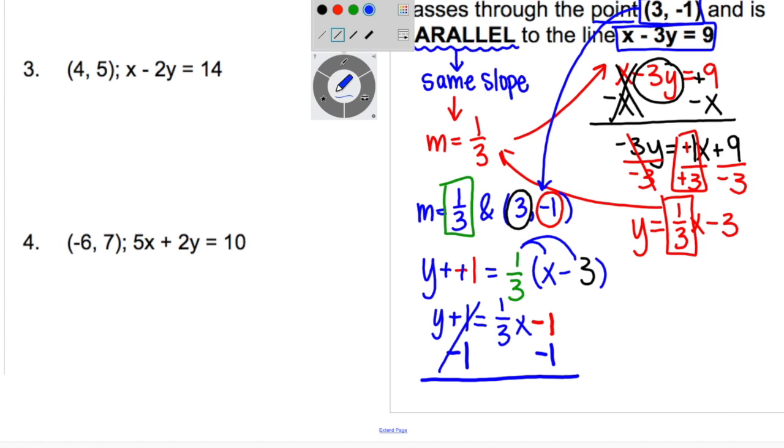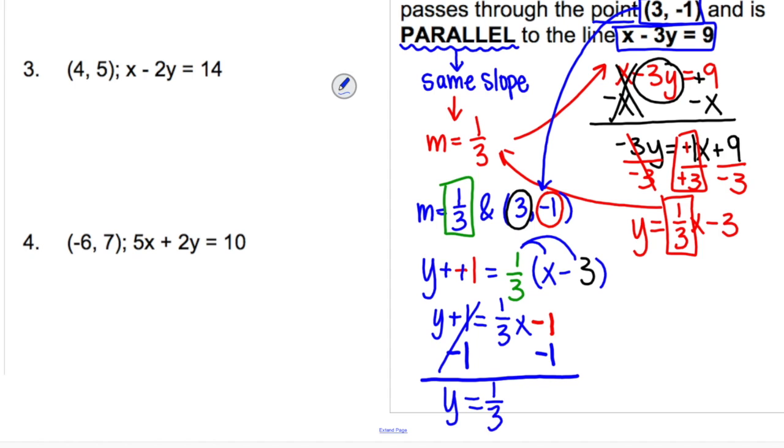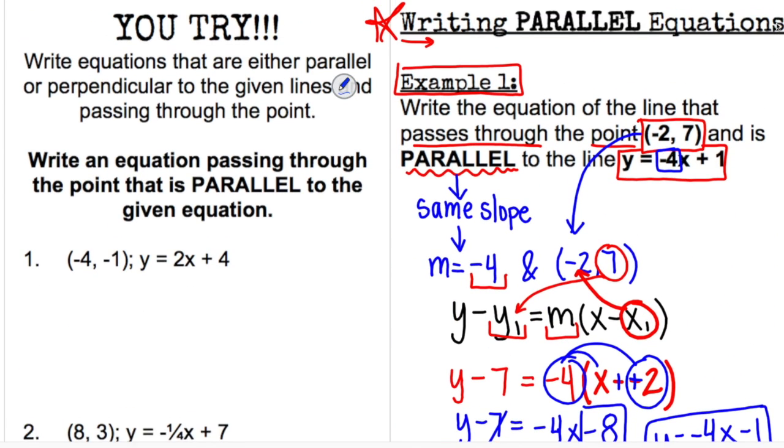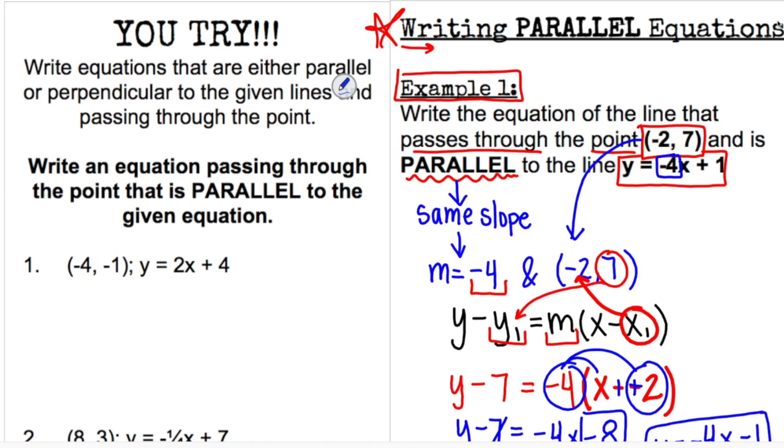Doing that, we get y equals 1/3 x, and then -1 minus 1 gives us -2. So we used our original for the slope and created this new equation that is parallel to the original one. Go ahead and, on the left side, try the you try question starting with example number 1.